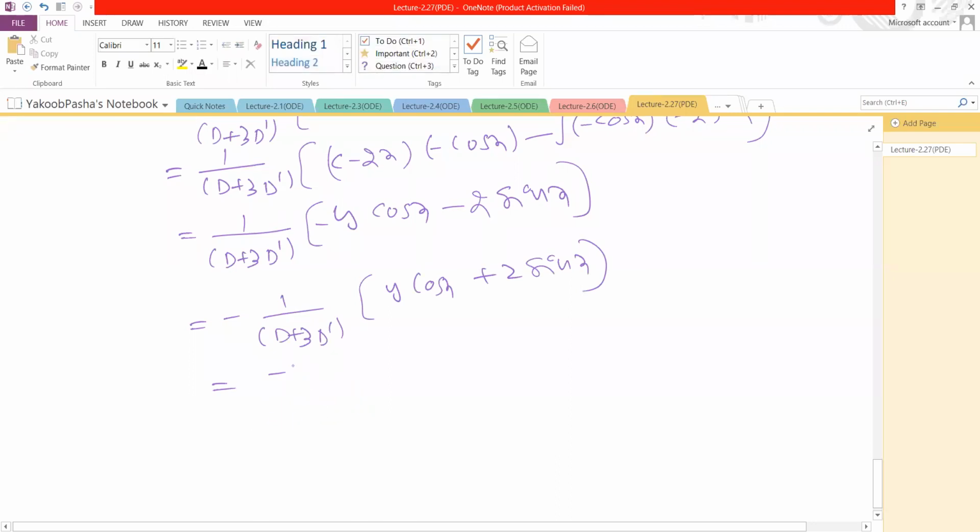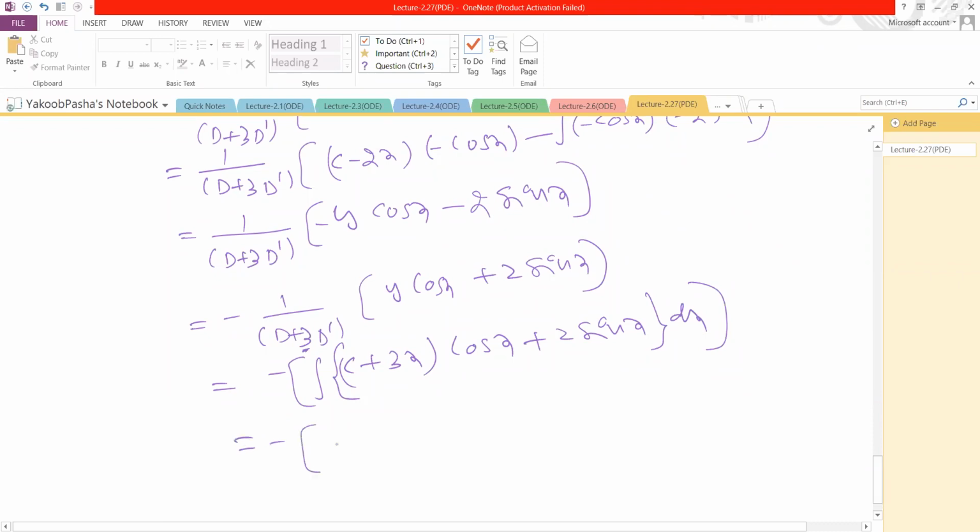So this is minus of integration of y, which can be written as c plus 3x. Just write c plus this term, this constant, into cos x plus 2 sin x. Entire function integration dx, bracket close.